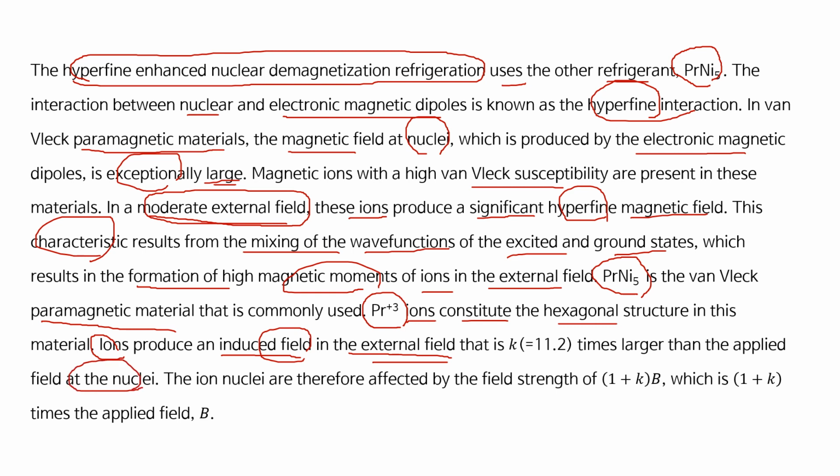K is 11. The ion nuclei are therefore affected by a field strength of 1 plus K times the applied field B. So about 12 times larger than the applied field.